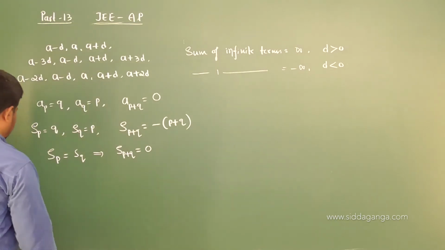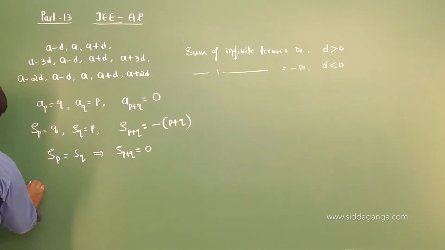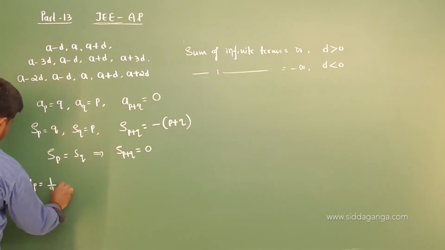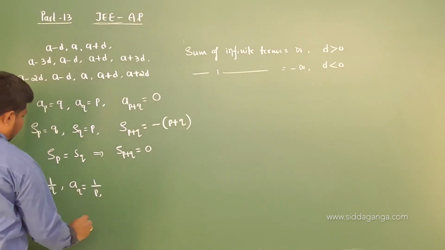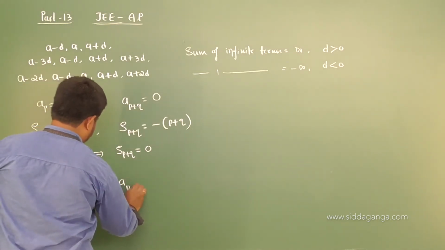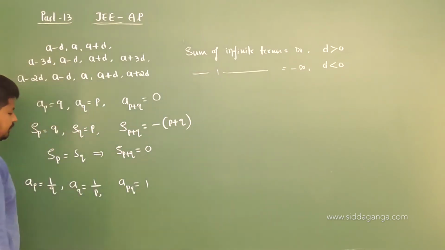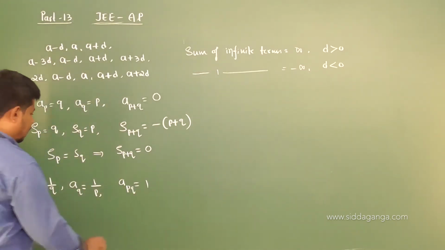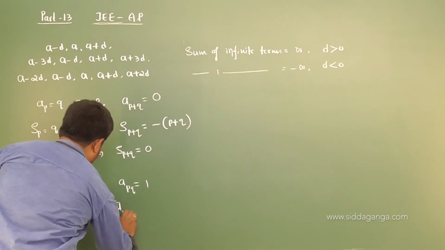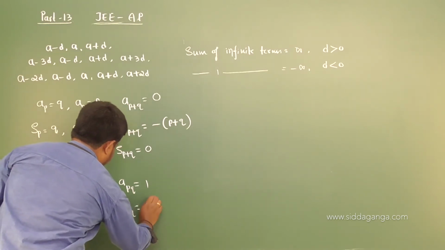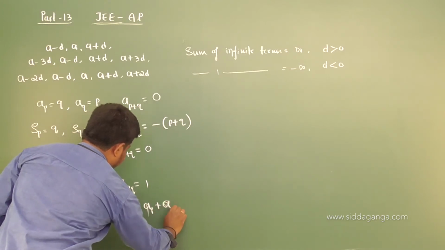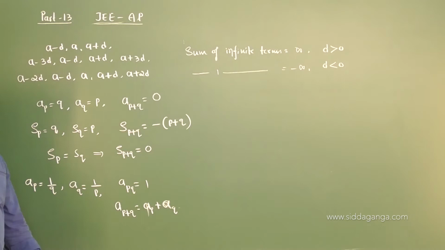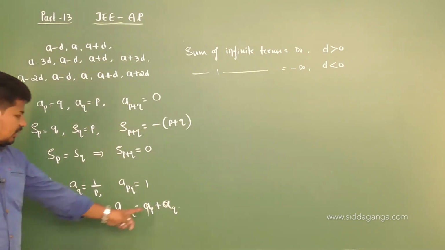And one more thing, if the pth term is 1 by q and the qth term is 1 by p, then the pqth term will be equal to 1, and the (p plus q)th term will be equal to the pth term plus the qth term, that is ap plus aq.